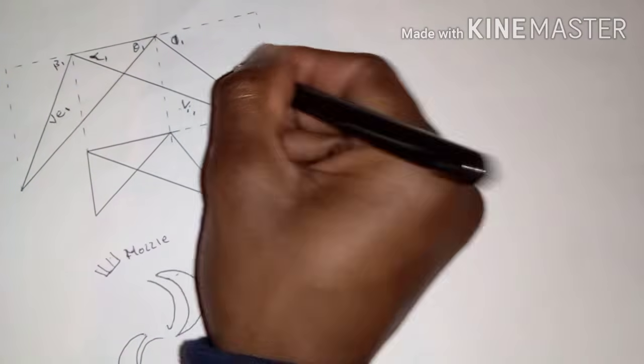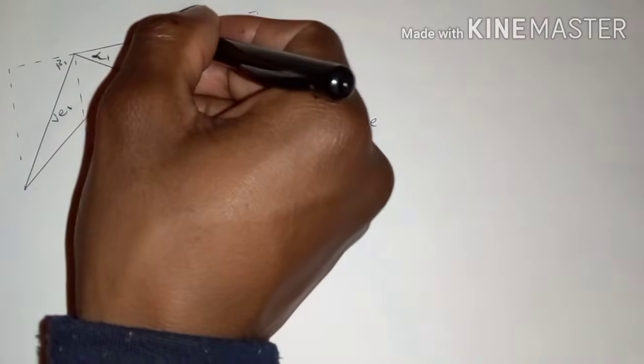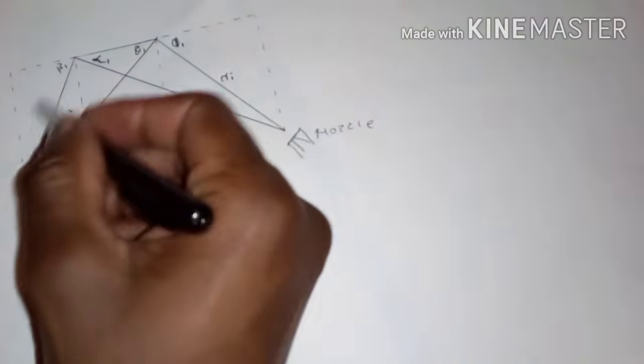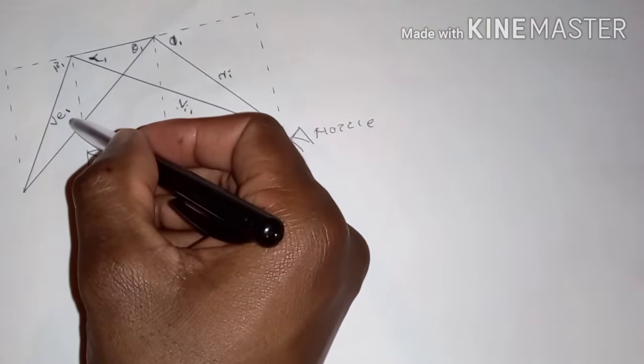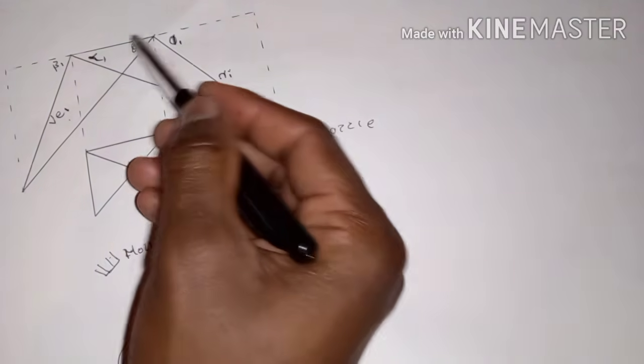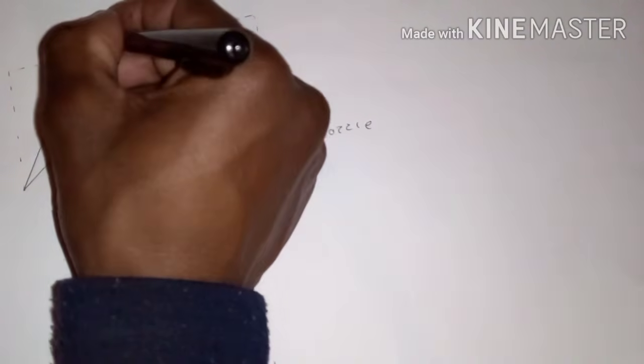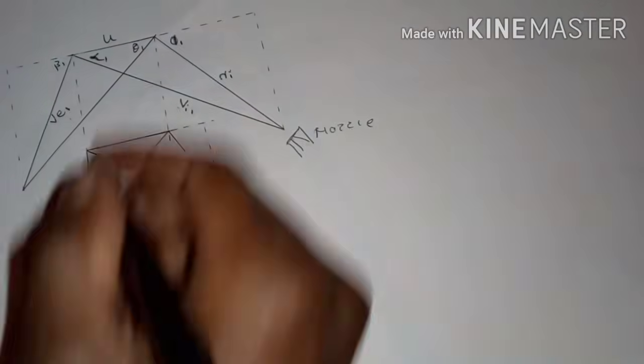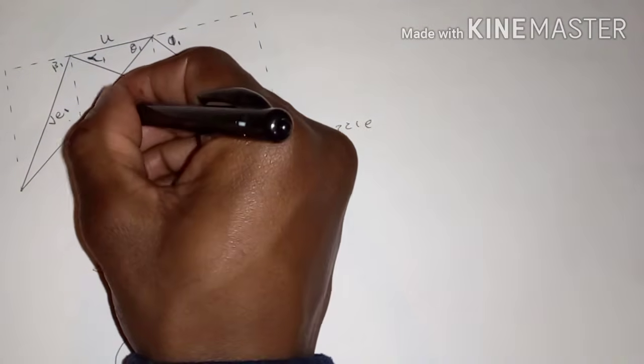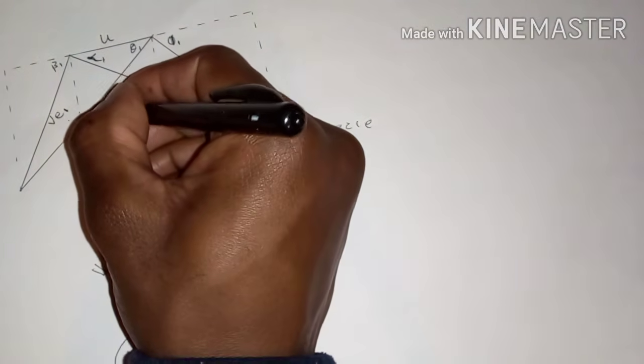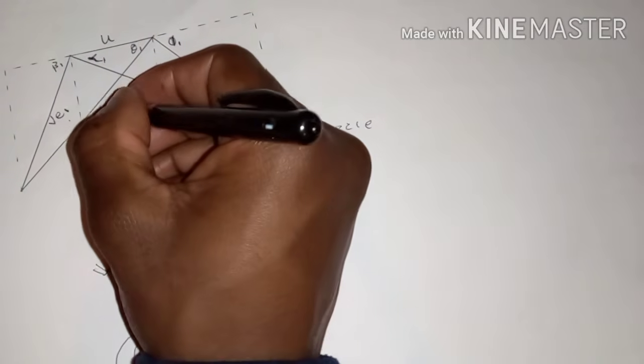This will be R inlet, and then the relative velocity of the exit velocity of the steam and the velocity of the blade, we are going to say it's R exit. It's R exit rather, not R2.